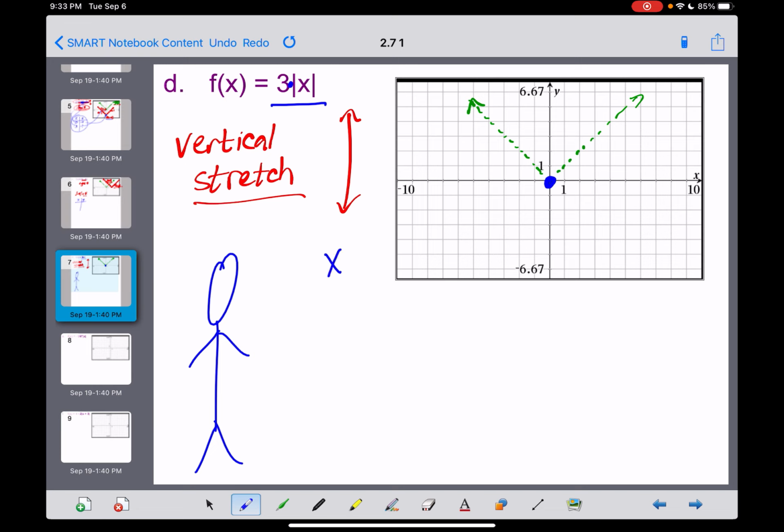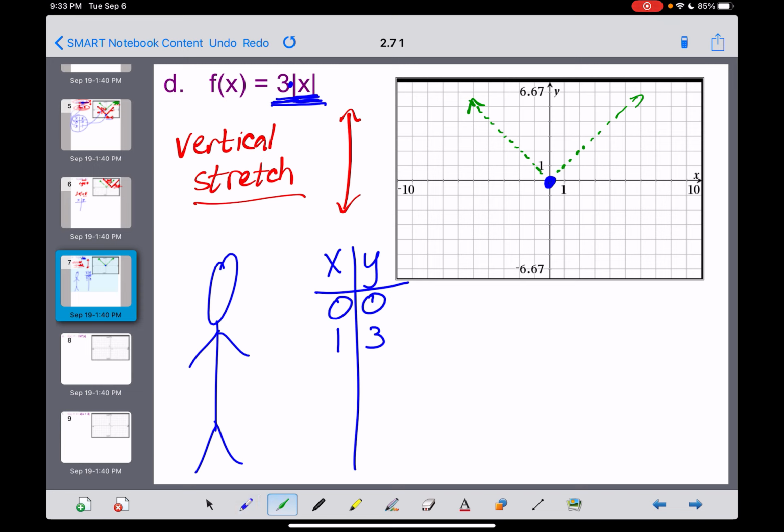Now I said I wasn't going to do this all the time, but let's just check this real quick. 0 for x. The absolute value of 0 is 0 times 3 is 0. So yeah, that point is right. But watch what happens, guys, when I put in a 1 for x. The absolute value of 1 is 1 times 3 is 3.